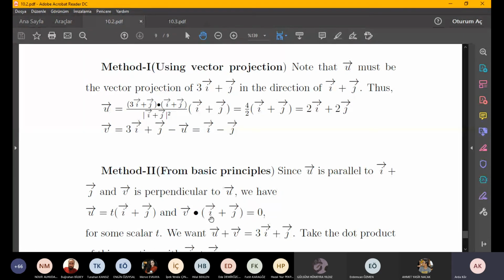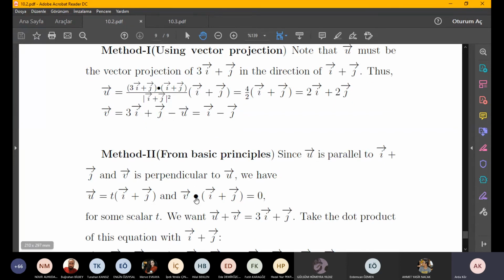So if you just take v dot i plus j, since those are parallel, you should conclude that the scalar multiplication of those vectors has to be 0, since they are perpendicular to each other. And this was the question.